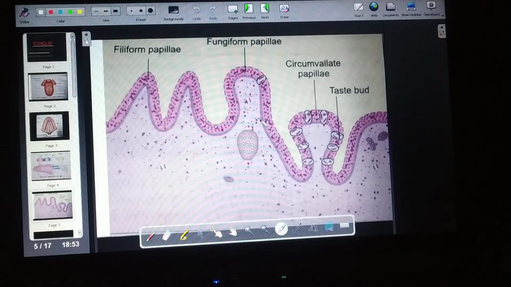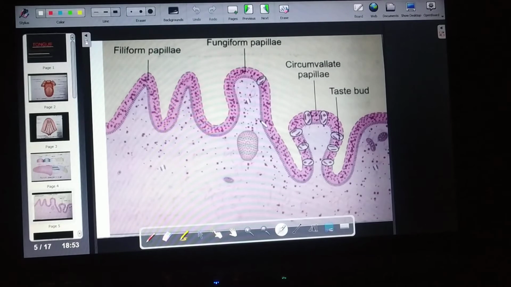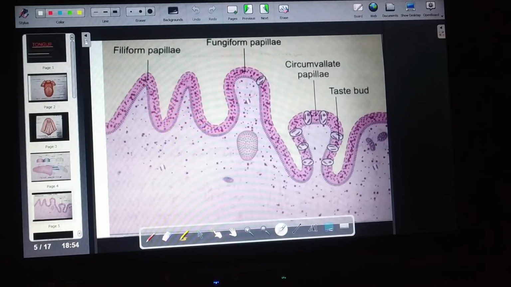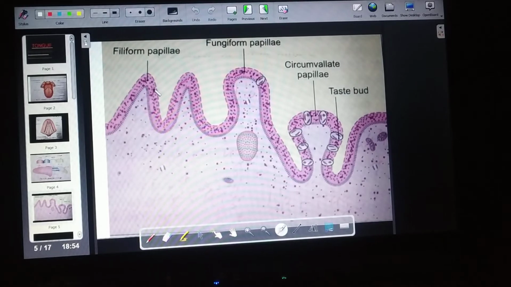Next, this is the histological representation of the papillae which we were studying first. Filiform papillae are triangular in shape as shown over here. These are present in the anterior part. Filiform papillae are numerous, whereas the taste sensation is less in them, but their number is maximum.